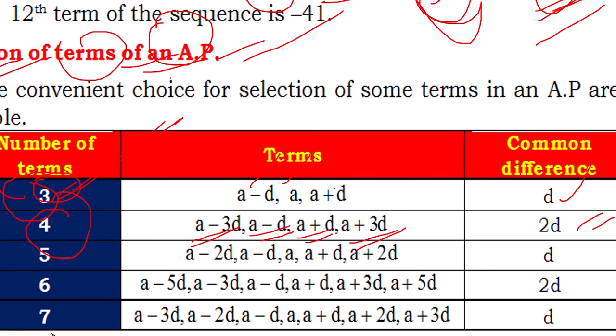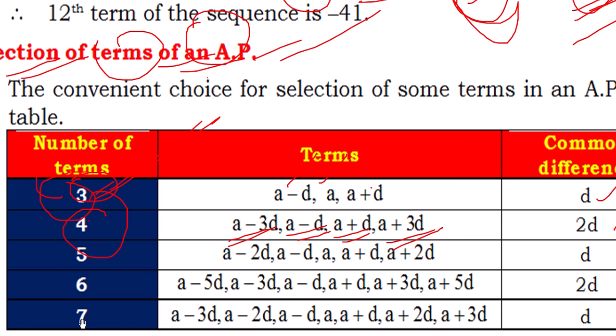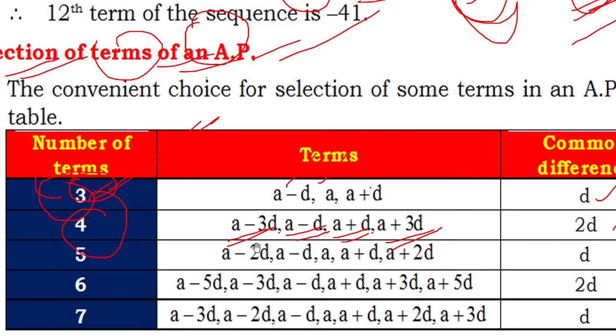If you observe here, if the number of terms is odd, like 3, 5, 7, then the common difference is d and the middle term is a. Before that, a minus d, a plus d, a minus 2d, a plus 2d, a minus 3d, a plus 3d, like that we are taking.